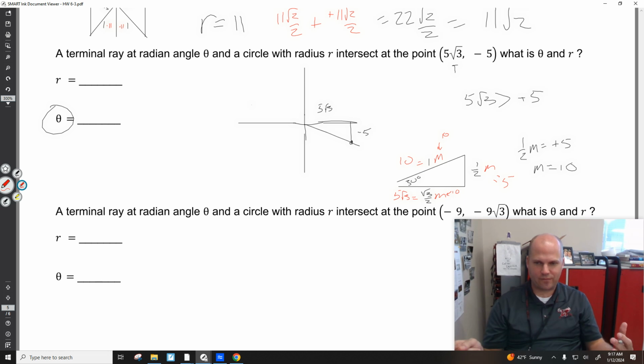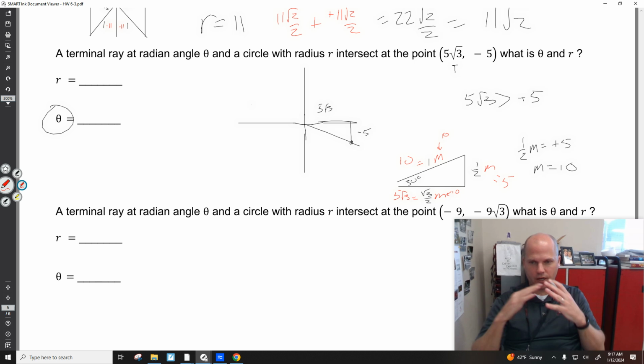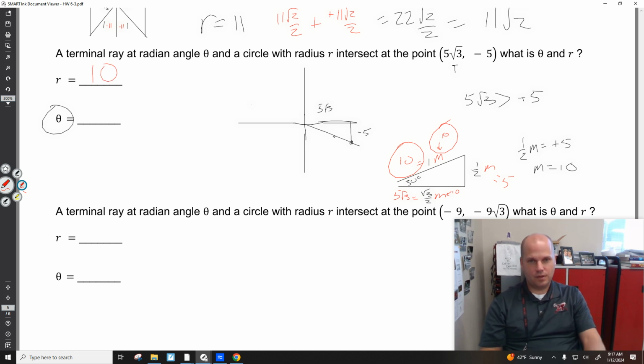It's not a 45, 45, 90 triangle, or else it's going to be isosceles, same x and same y coordinate, same x distance, same y distance. So I've just figured it out. The radius is the multiplier, which is 10. This has to be 10.